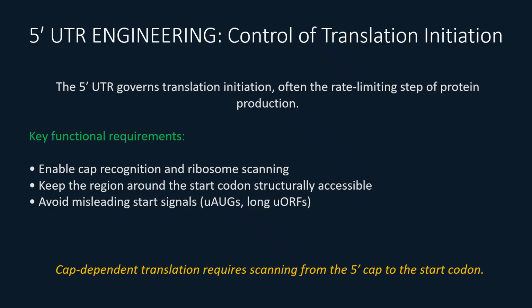So this region must allow efficient cap recognition, permit the scanning to proceed, and allow the correct start codon to be recognized. If those conditions are not met, translation efficiency drops, as you can imagine, and sometimes dramatically.